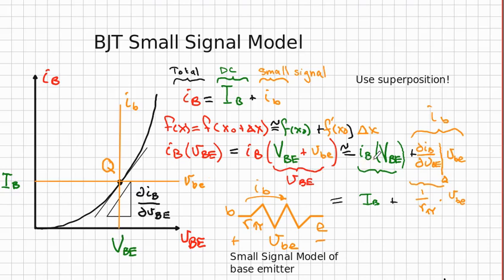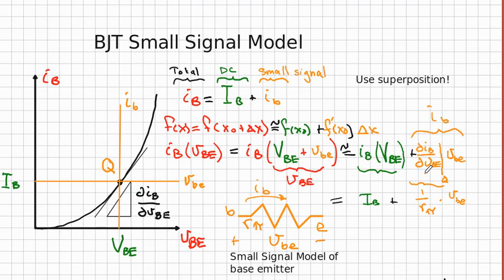So this green term right here is big I_B. Then we have plus f prime at x0, which in our case is the partial of i_B with respect to v_BE, or the slope right here at the Q point. Notice it's evaluated at Q down here, times the little delta x, which is little v_be.